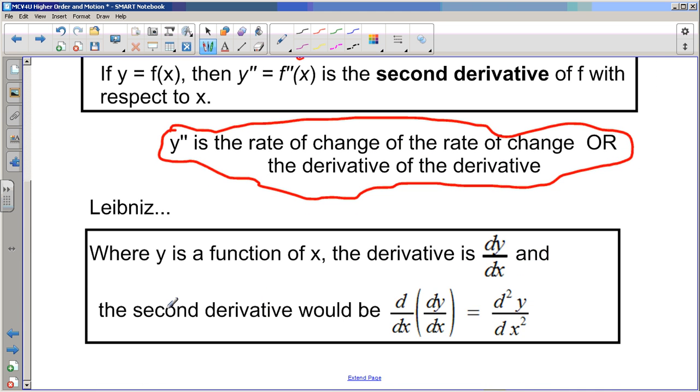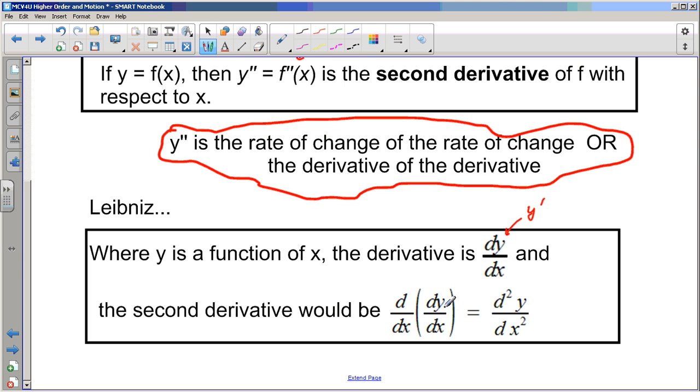Leibniz notation, good old Leibniz. Where y is a function of x, we think of this as y prime, right? This is dy by dx, or the change in y with respect to x. And the second derivative then is the change of the derivative with respect to x.